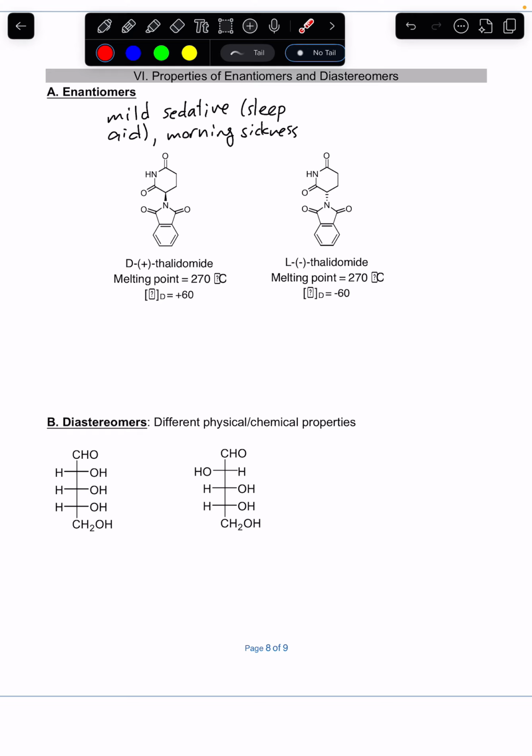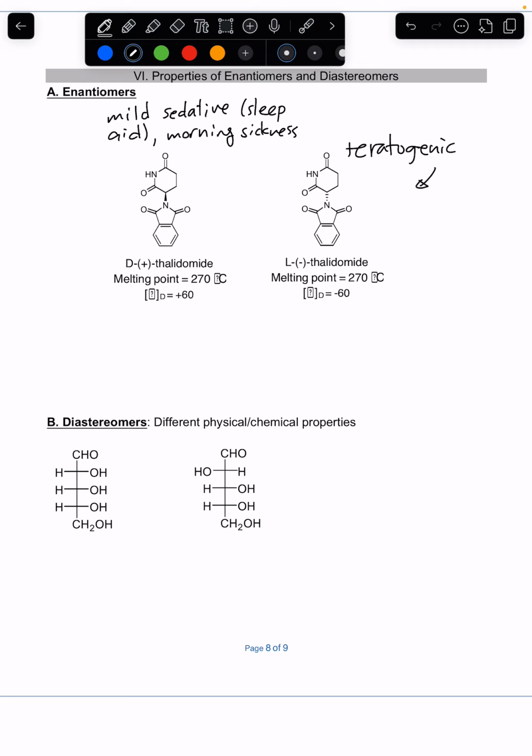Now, that might be okay if the enantiomer had the exact same properties, but what happened was that this enantiomer was teratogenic, which we didn't know about at the time.